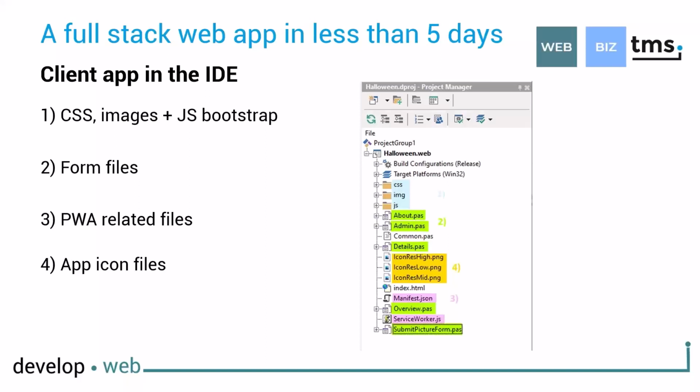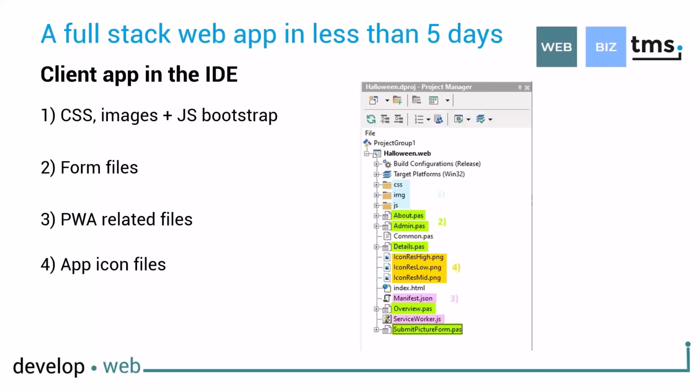This is when you open the project from your Delphi IDE. This is the project that you will see in the IDE. I have used some colors to indicate what the different pieces are here in this web client application. In green, you can see the form files.